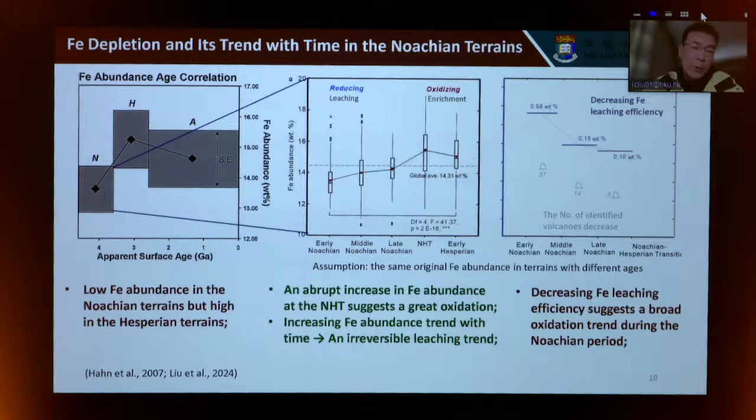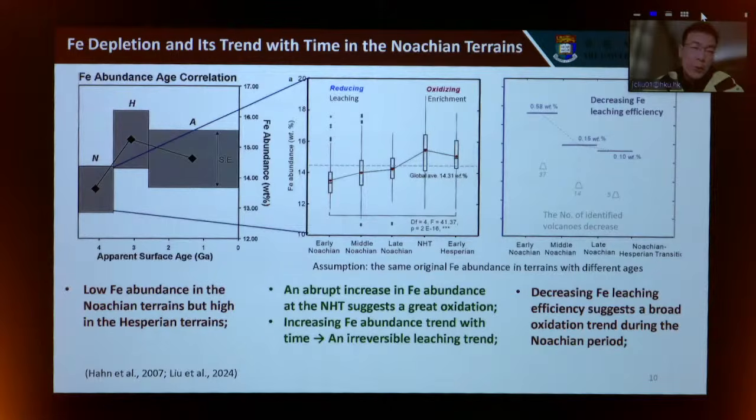We already know the Noachian surface is depleted in iron, but the Hesperian surface is really enriched in iron. We divided them into several epochs.